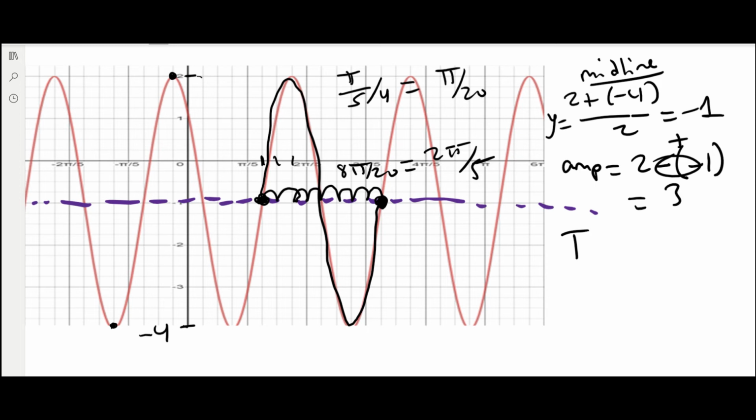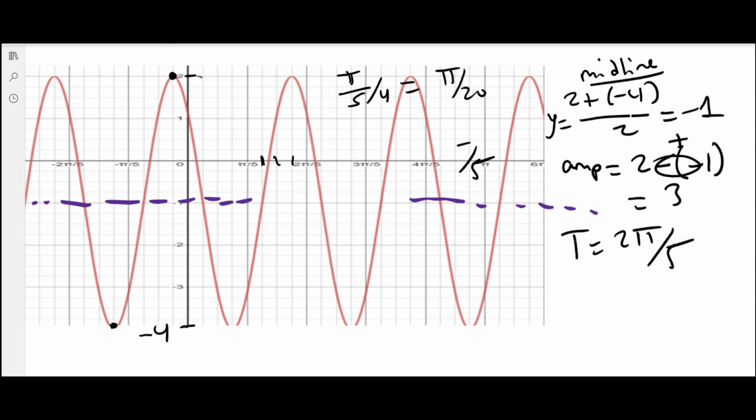So the period is 2 pi over 5. And that's how you can kind of count it and tell. All right, I'm going to go ahead and erase that now. You can also tell here, if you start here, you can pick any 2 points, by the way, as long as after that point it starts repeating.